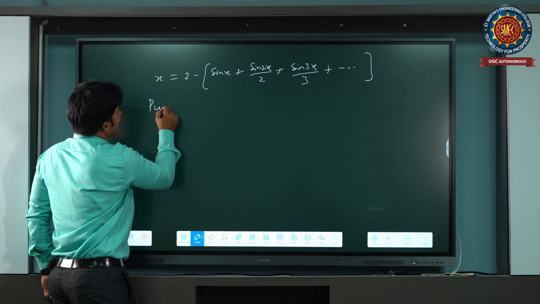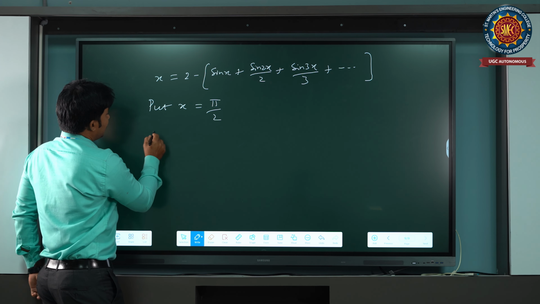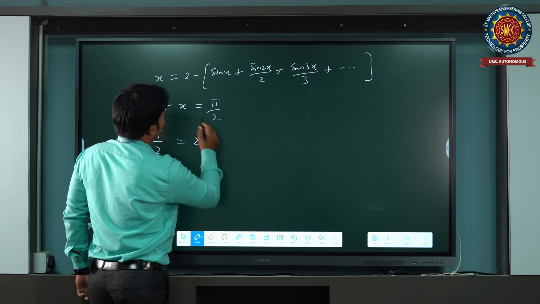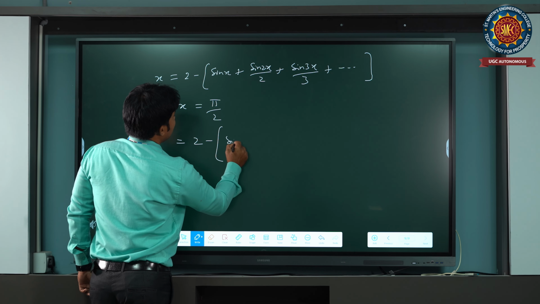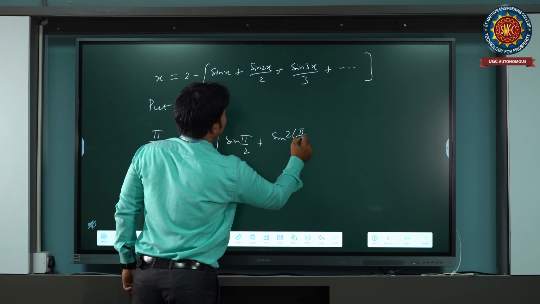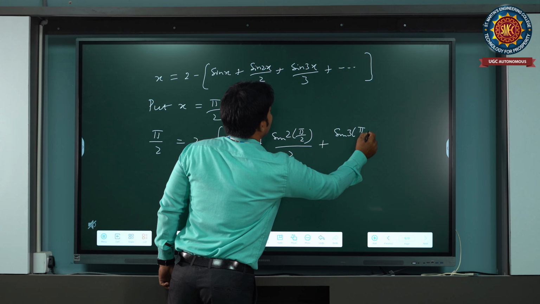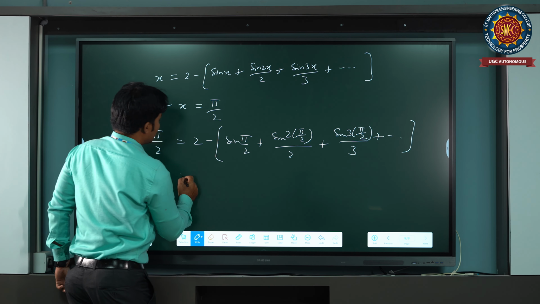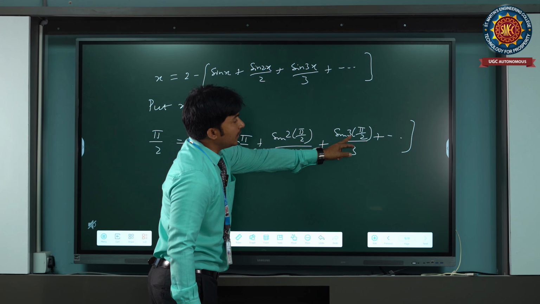We get the solution by substituting x equals pi by 2. That is pi by 2 equals pi minus 2 times sin pi by 2 plus sin 2 into pi by 2 by 2 plus sin 3 into pi by 2 by 3 plus so on. On substituting, sin pi by 2 is 1, sin 180 is 0, and sin 270 is minus 1.